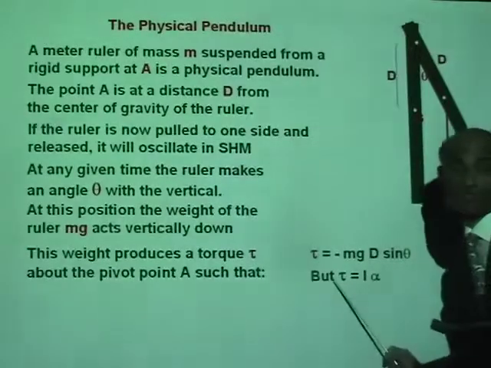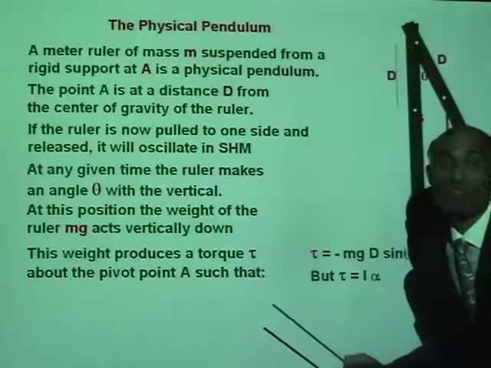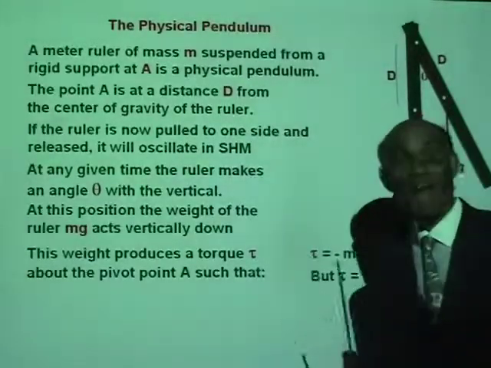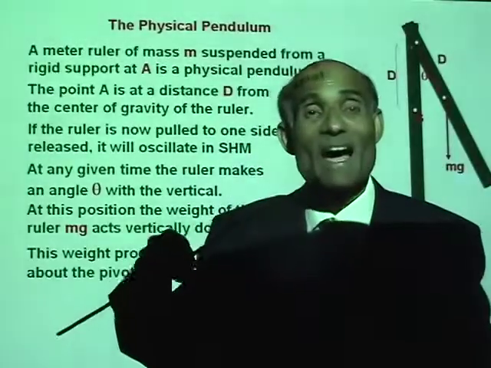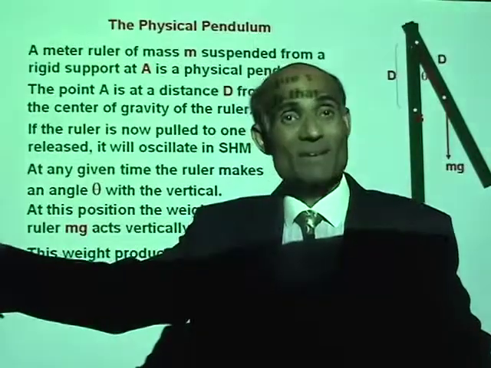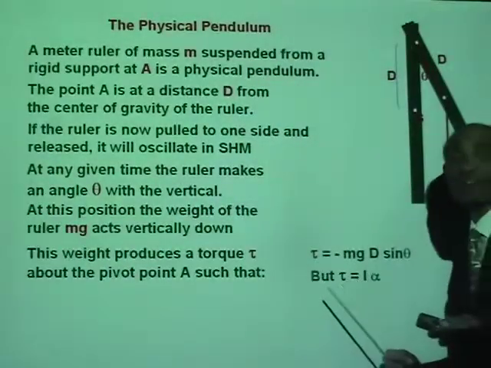Alright, but again, you have to recall a number of results we did in Physics 1. Tau equal to I alpha. In the same way as in linear motion, F equal to ma, in rotation, tau equal to I alpha.